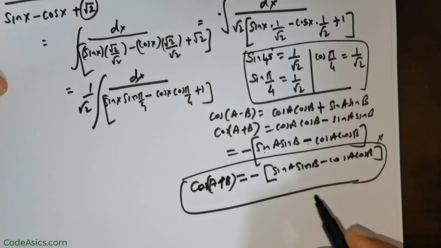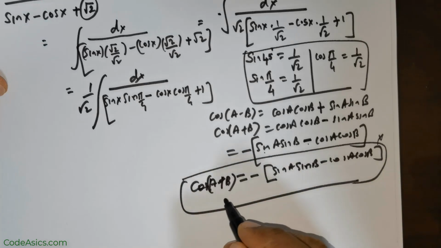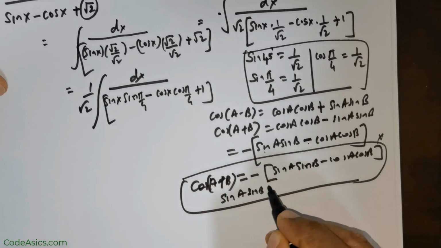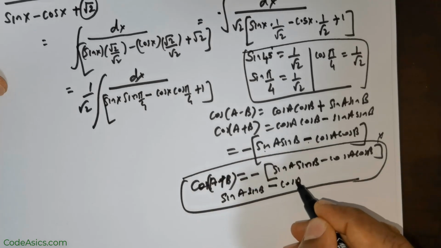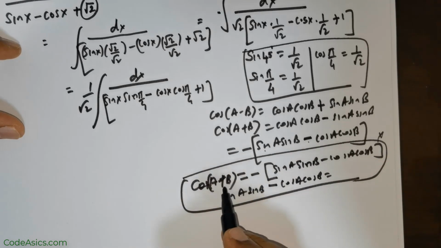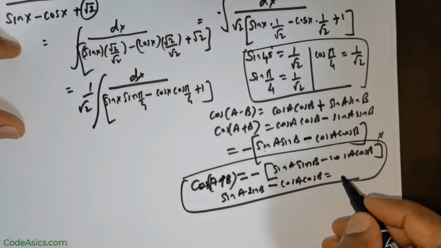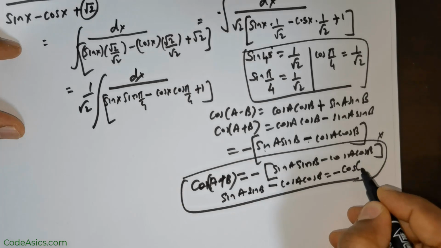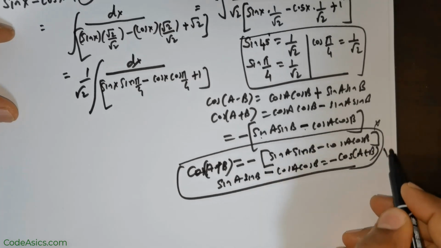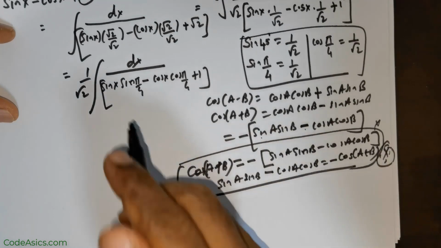Now what I wish to do is I would like to take this negative sign out, so thereby we have sin a sin b negative cos a cos b is equal to, if you have to multiply by negative throughout, this will become positive, this will have a negative. So this is going to be negative cos of a positive b. So this is the result that I would be utilizing over here.